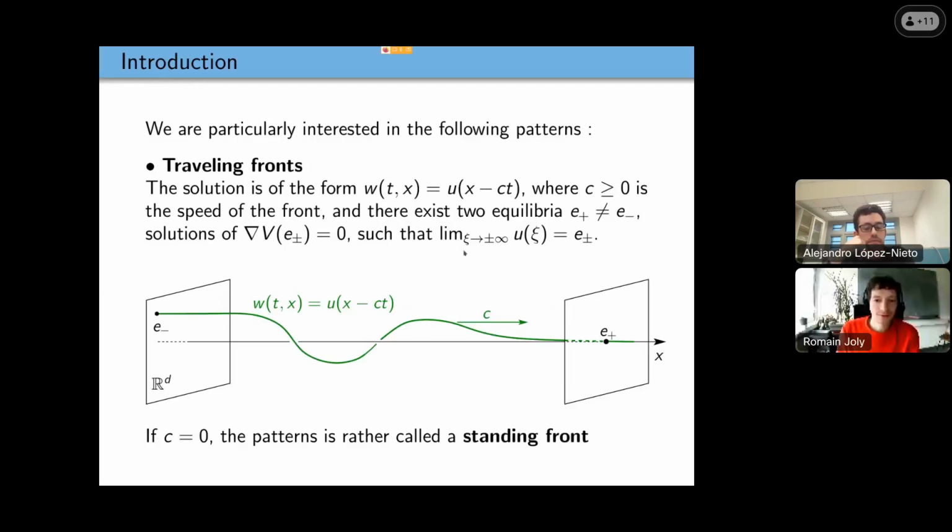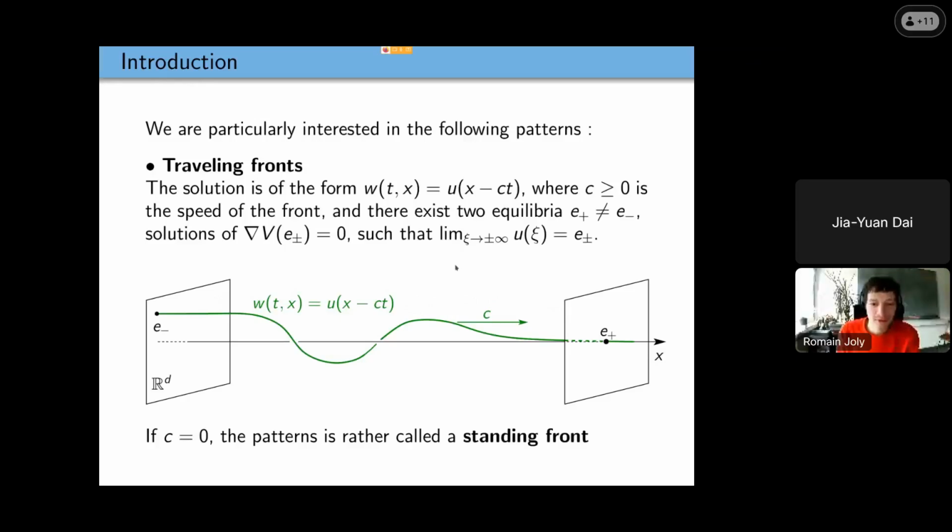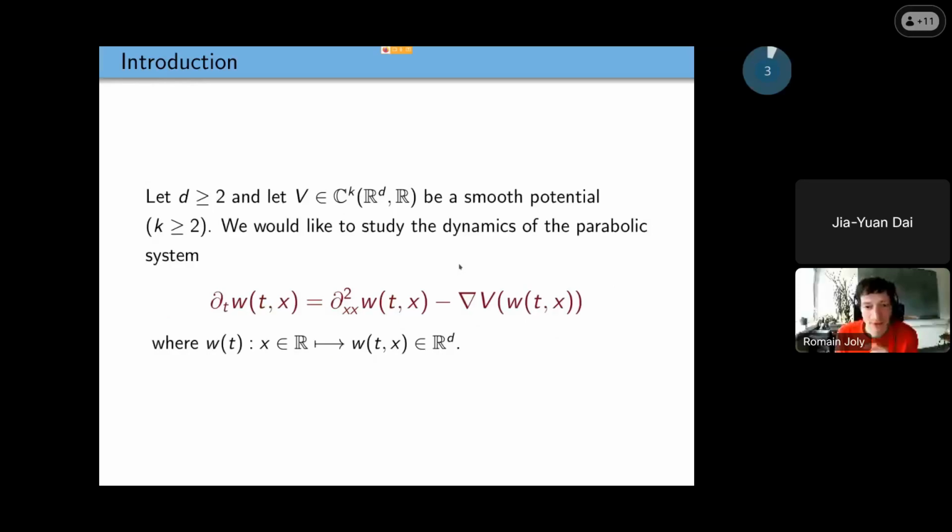Sorry, Romain, can I ask a question? Can you hear me? Yes. Go back to the previous slide. You have this partial x squared, so it's a first derivative for parabolic, right? It should be a second derivative. Yes, it's a second derivative. I was thinking maybe it's a fourth derivative in x.